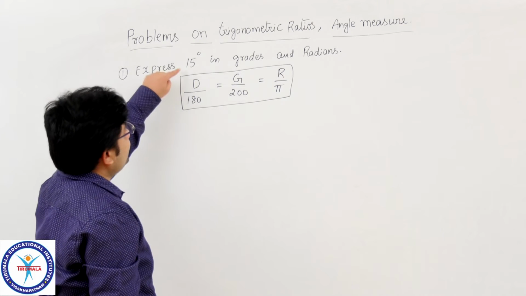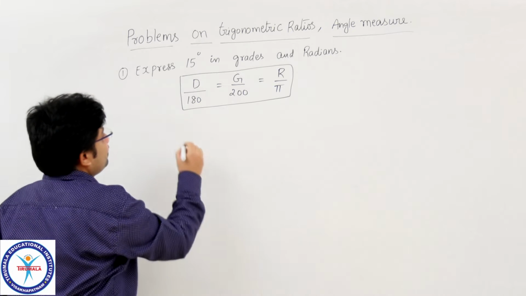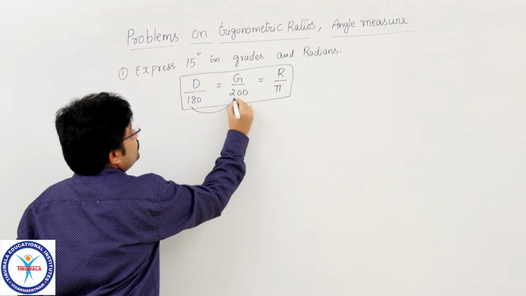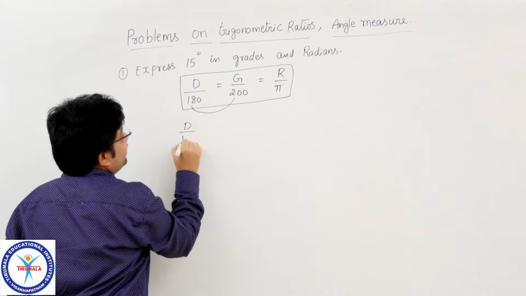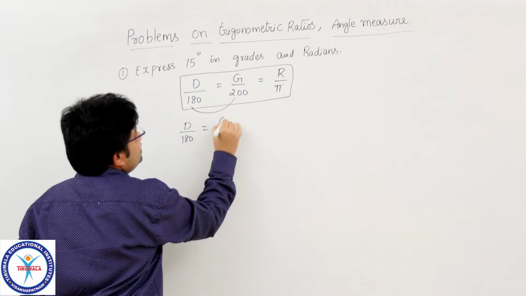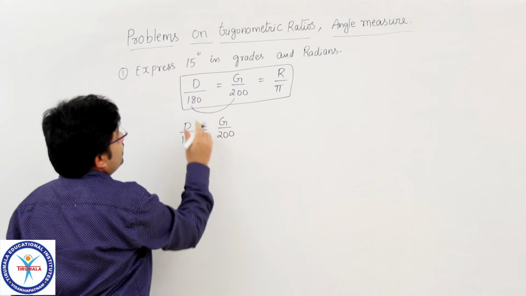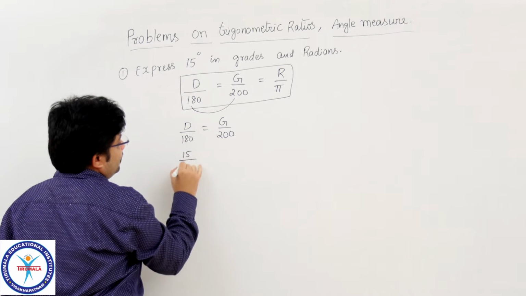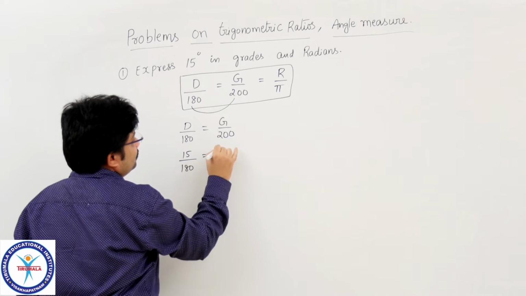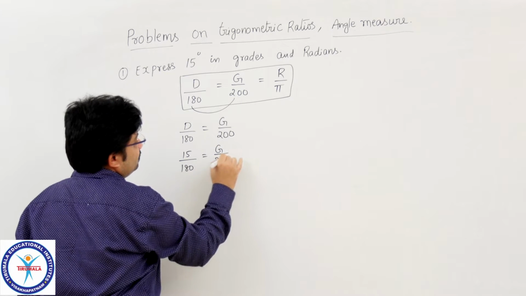So, here it is given 15 degrees, that means let us take these two. D by 180 is equal to G by 200. So, to convert degrees into grades, 15 by 180 is equal to G by 200.